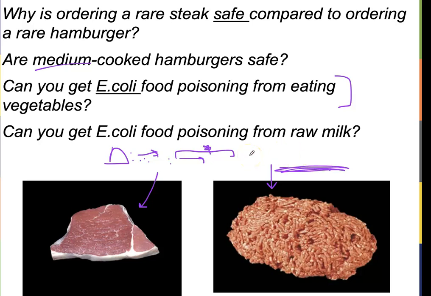And so when you're milking cows, I'm sure they clean the udders, but you can also imagine that it's possible for E. coli to get from the cow's body into the milk, and raw milk is not pasteurized. Raw milk is just basically cow in the bottle to the store, and it contains a bunch of living organisms.